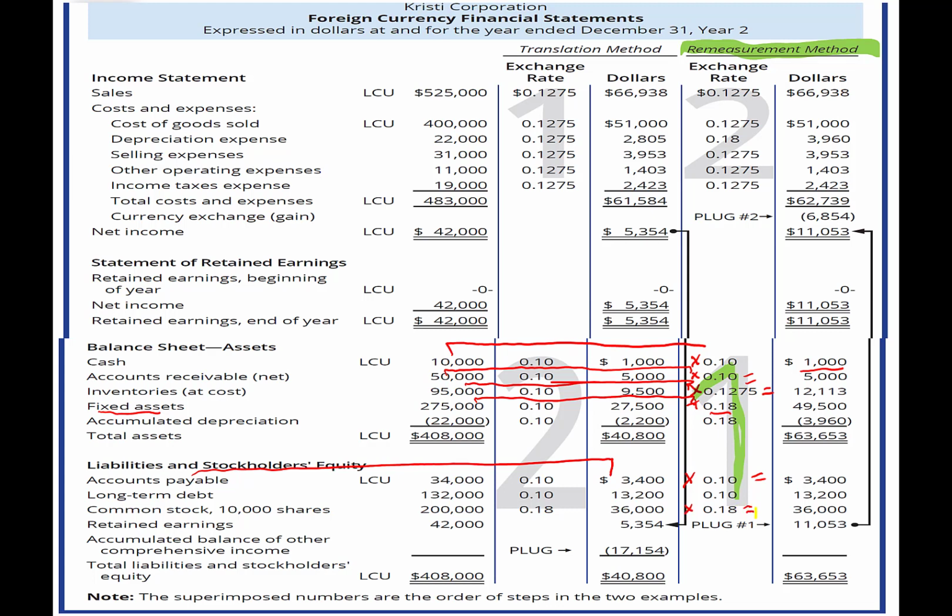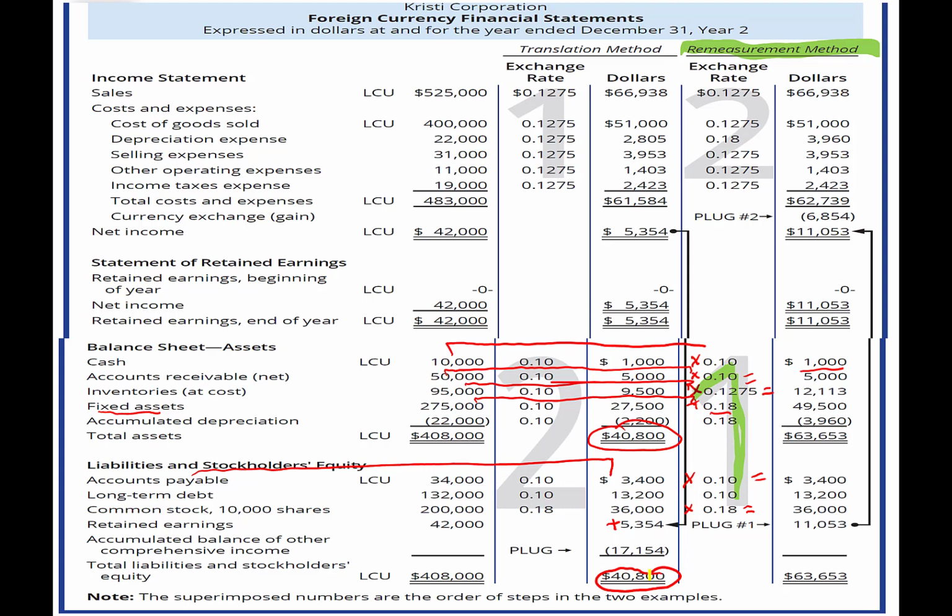Good. Then we would look at the retained earnings, and we would basically add in the beginning balance of the retained earnings. Then you see that our assets are 40,800, and the balance sheet has to balance. So the total of the liabilities plus the stockholders' equity has to equal 40,800.